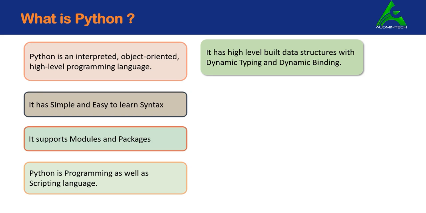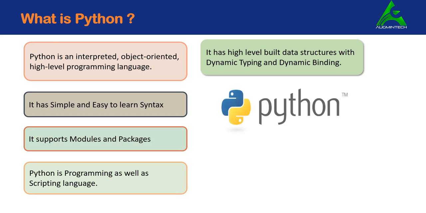But in Python, we say just A equal to 10. We don't have to explicitly specify that the value 10 is of integer data type. That is known as dynamic typing. And dynamic binding is when the memory allocation of a variable takes place at runtime. That is known as dynamic binding.